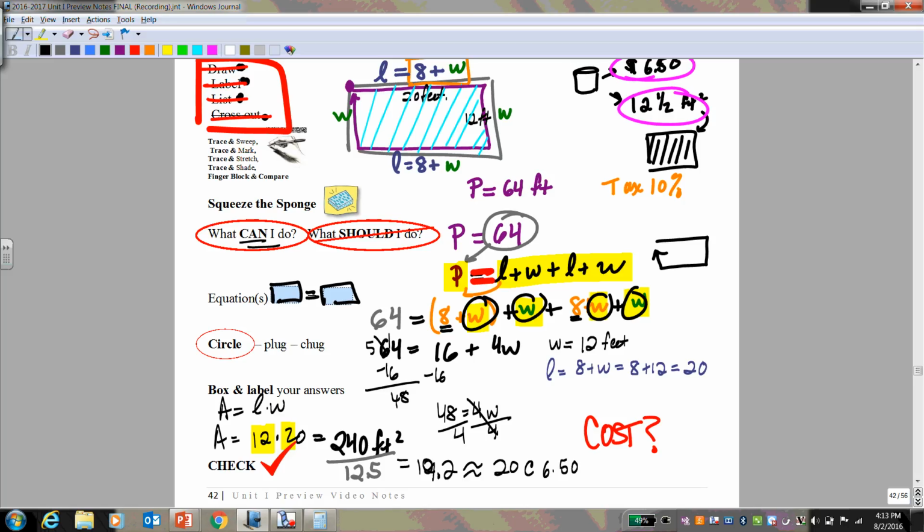So 6 times 20 is 120. And then half of that.